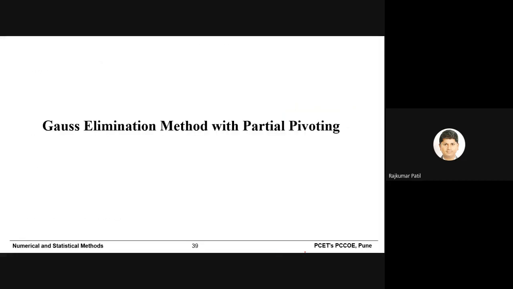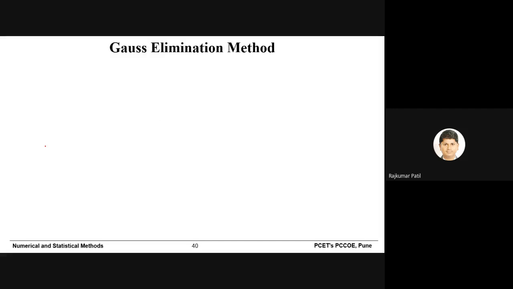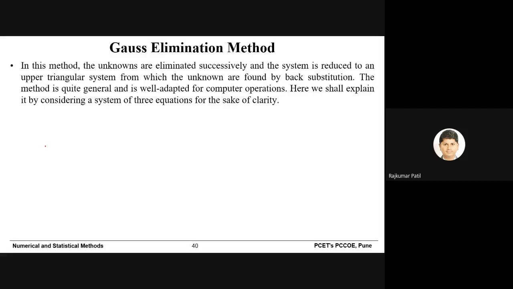Now, in this particular situation, that is solving simultaneous equations, we are going to discuss three methods. In that, today we will discuss the first method, that is Gauss elimination method with partial pivoting. So we will see how we can use this method to solve simultaneous equations.